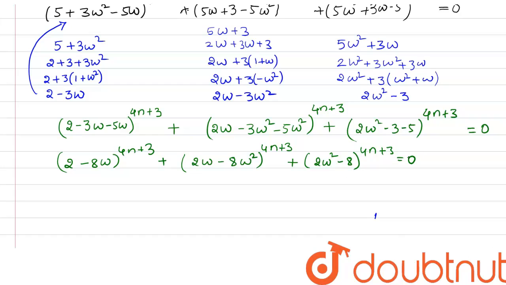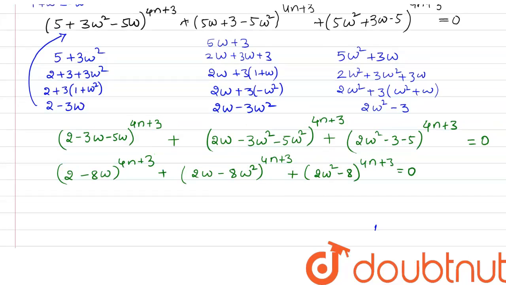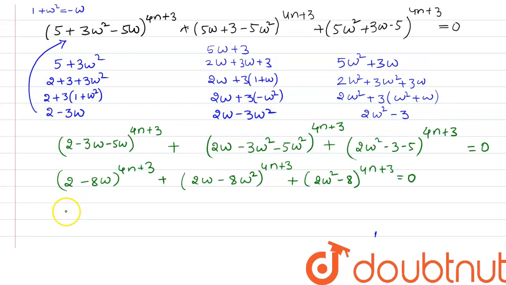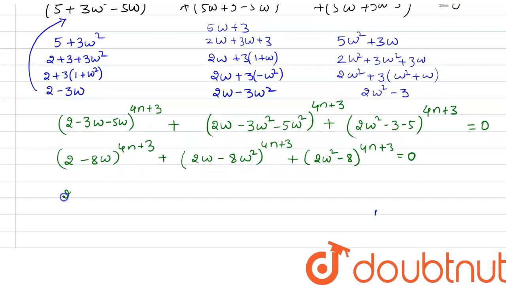Let us see here in our question. If we take this to be equations, here in our problem after this step let us write this as (2 minus 8 omega) whole to the power of 4n plus 3. And for this next term, can we take omega common? Yes, plus omega. What is it?